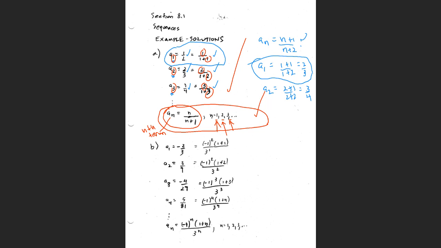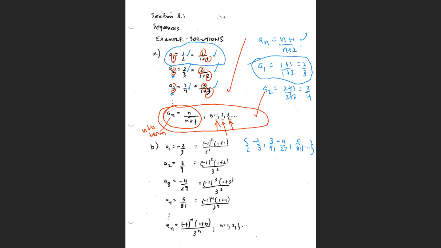So like this second problem here, the second sequence, the terms were negative 2/3, 3/9, negative 4/27, 5/81, and so forth.